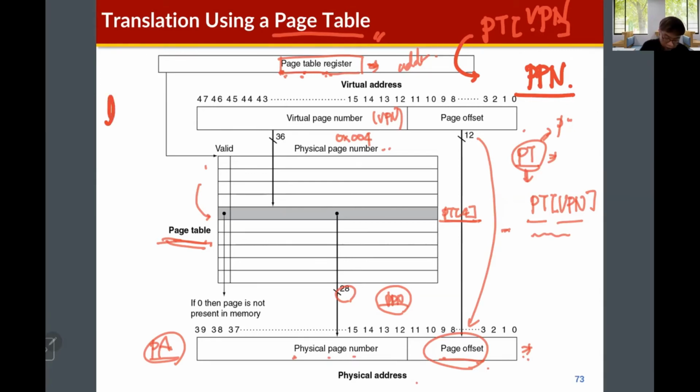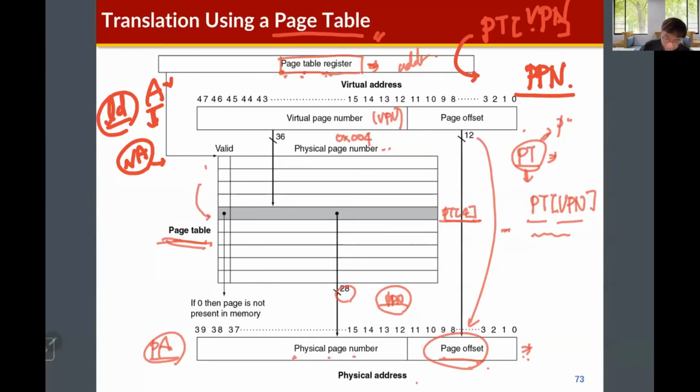When the load instruction is executed, like load A, where A is the address, recalling what we learned in the previous class, this address is actually a virtual address. It needs to be translated into the physical address in order to access the data in main memory.